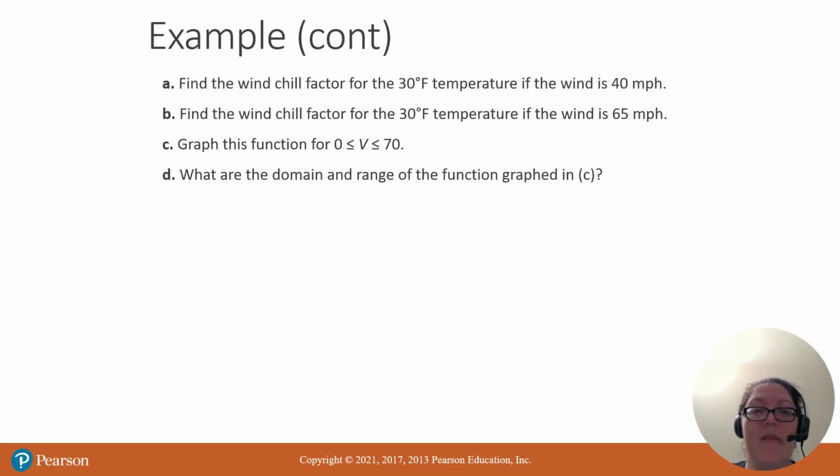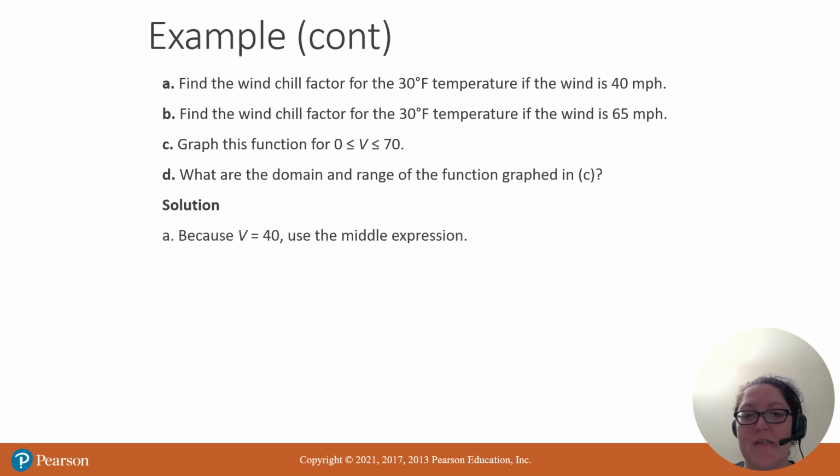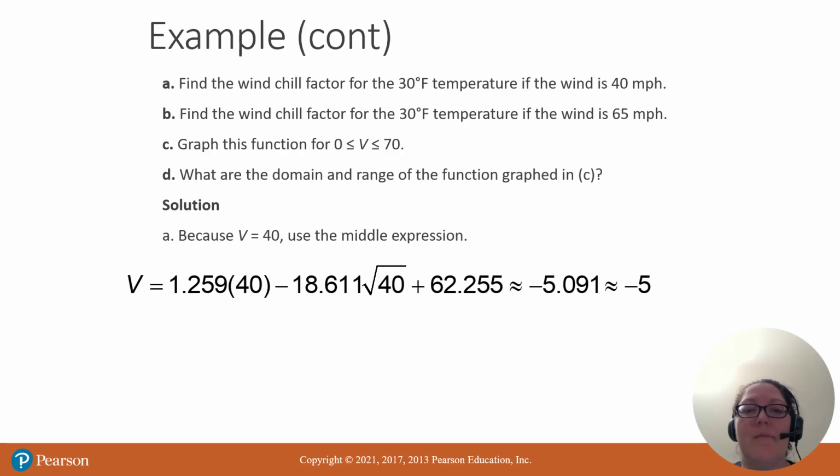Okay. So let's find the wind chill factor for 30 degrees Fahrenheit when the wind is 40 miles per hour. Now remember, 40 miles per hour is the middle part of that expression. So we're going to use that middle part of the expression, plug in 40 everywhere we saw our v, because that's what v equaled, and you're going to simplify it out.